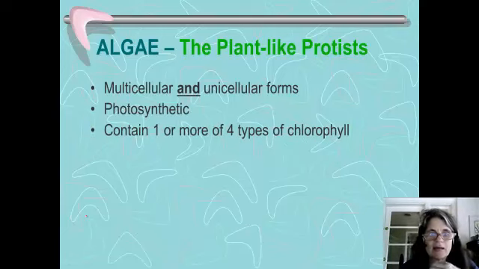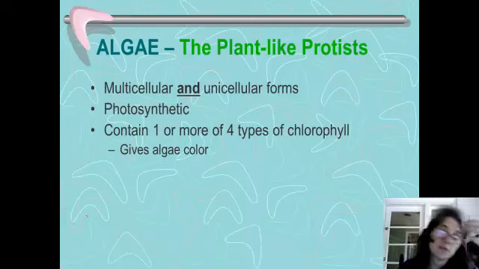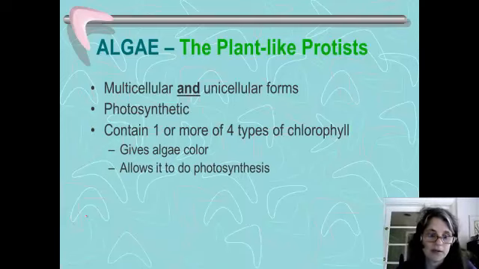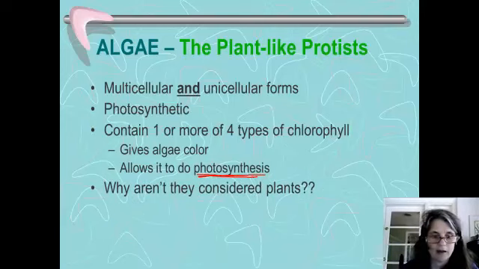They contain at least one type or more types of chlorophyll, sometimes the same that is in plants, sometimes not. But this, of course, is what gives algae the color that it possesses. And, of course, very importantly, chlorophyll is the chemical, the pigment, that allows plants to carry out photosynthesis. Without it, we'd be out of luck.